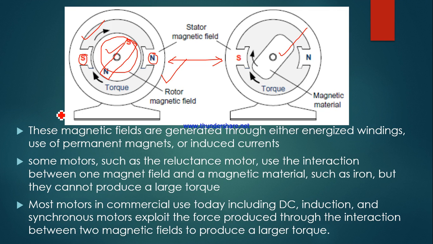When your rotors are getting magnetized through some external excitation, it is called a separately excited DC machine, or the common type of DC machines. But some special kinds of machines are called reluctance machines.